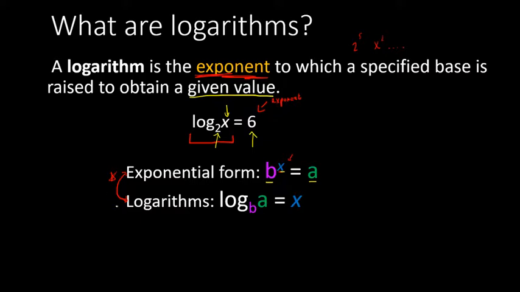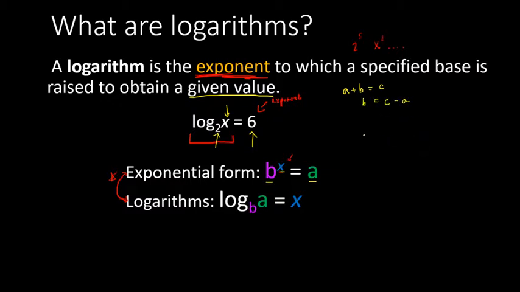So it's important to be able to switch back and forth between exponential and logarithmic form because at certain times and in certain contexts, one form will be more helpful than the other. For example, if we were dealing with addition and subtraction, I could write a plus b equals c. But if the situation called for it, I could rewrite that as b equals c minus a.